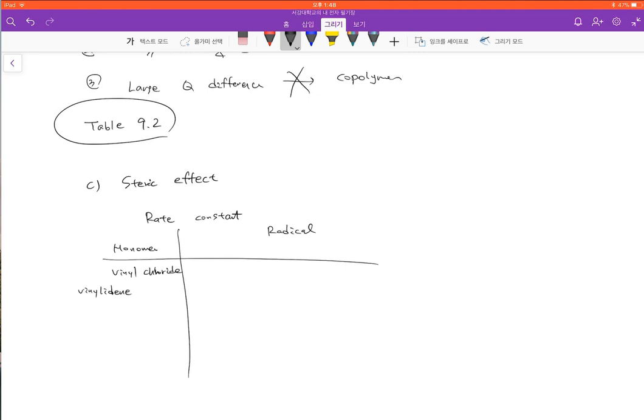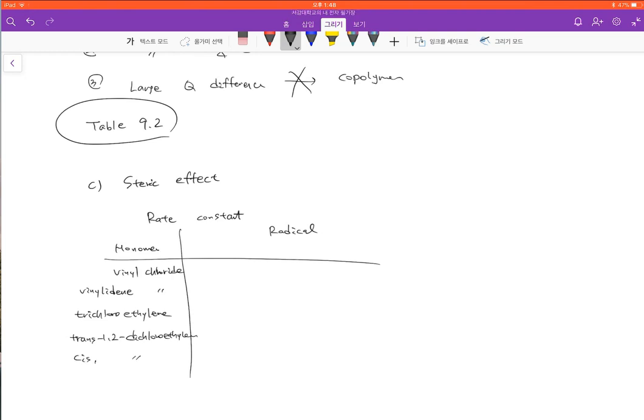So we have vinyl chloride, vinylidene chloride, trichloroethylene, trans 1,2-dichloroethylene, cis 1,2-dichloroethylene, and finally tetrachloroethylene.